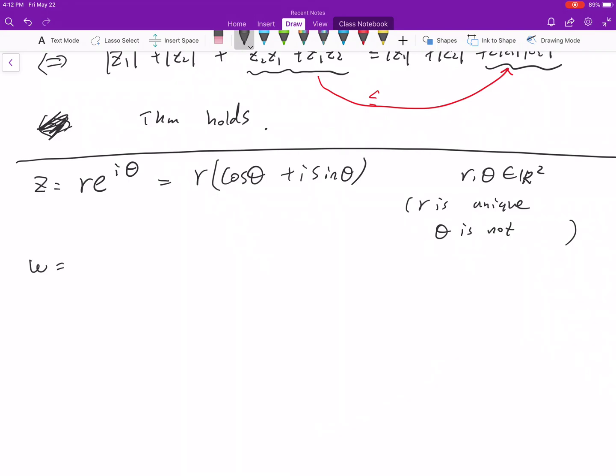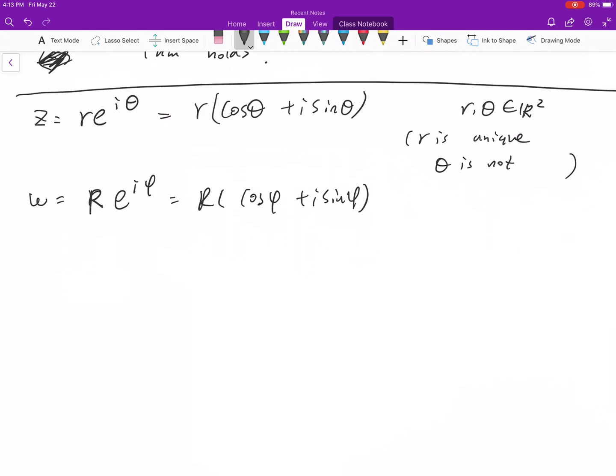Okay, suppose you have another complex number, omega, which is rho exponential i phi, or cosine phi plus i sine phi. Then you can verify that. So I should make a remark.